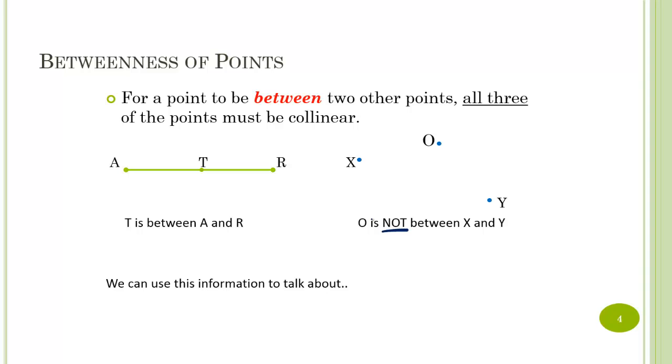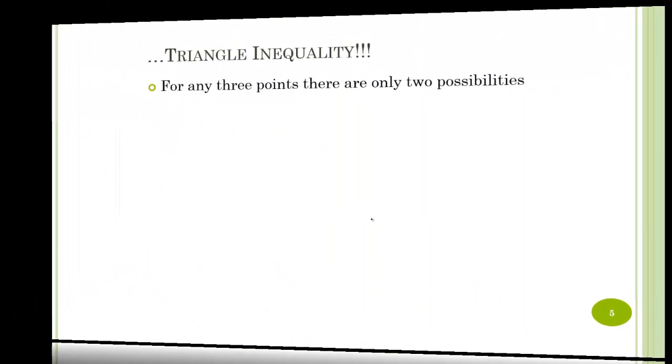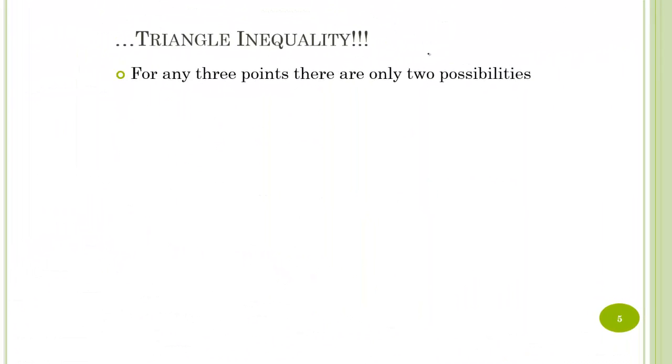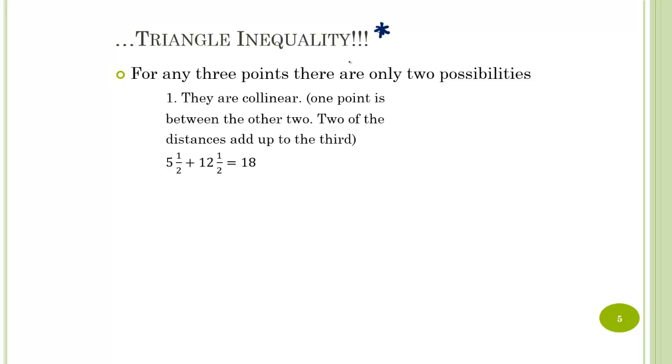Which kind of brings us to the next point, which is triangle inequality. So this is very important, okay? For any 3 points, that means you're given 3 points, there's only 2 possibilities. One is that they are collinear. Okay, 1 point is between the other 2, and 2 of the distances add up to the third.